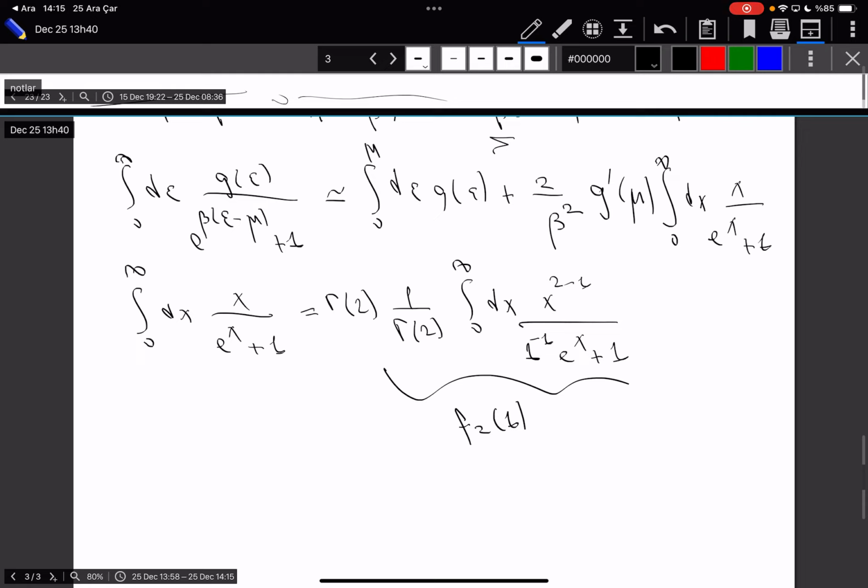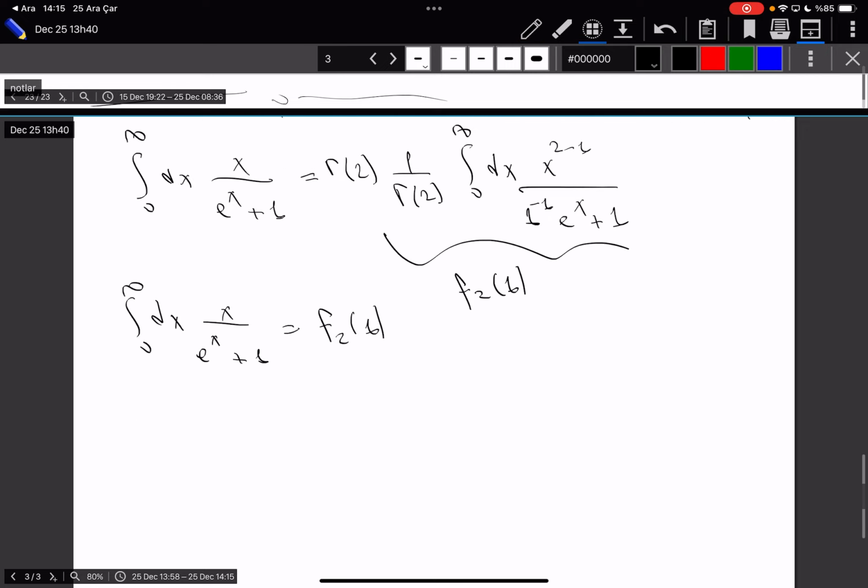Now, this integral, the x over e to the power x plus 1, is gamma 2, which is just 1. This is f2 of 1. So this is what we have.